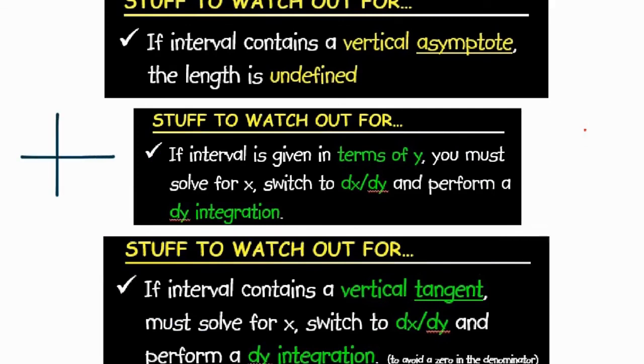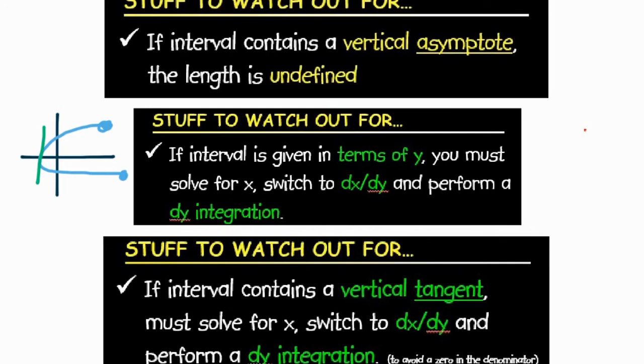And so you want to be looking for graphs that might appear to be sideways, because if you have a graph that is not actually a function, well, you're likely to have a vertical tangent. And whenever you have a vertical tangent, it just means that you have to do the problem in terms of y.